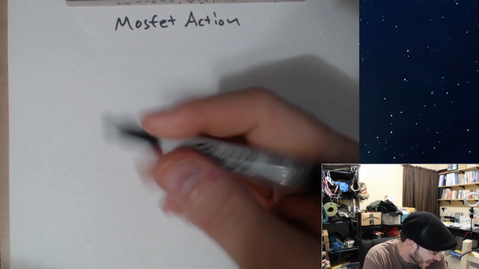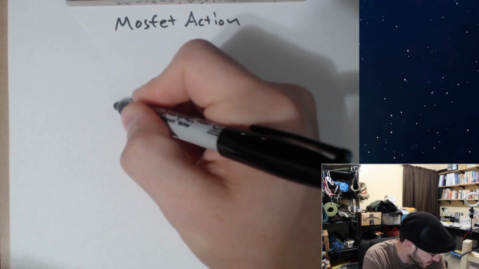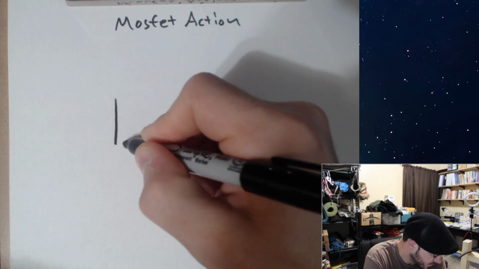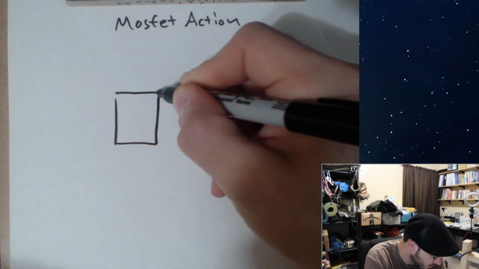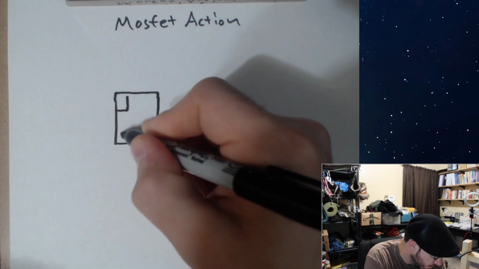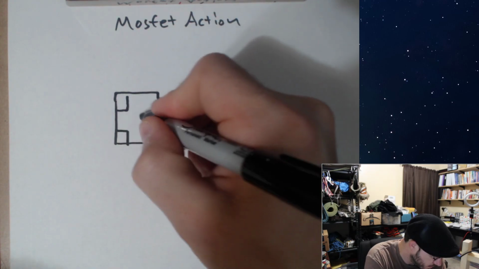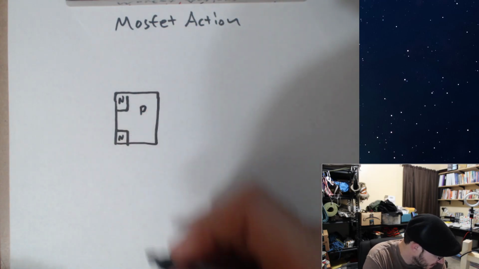Let's draw physically what this MOSFET looks like: P, N, and N.